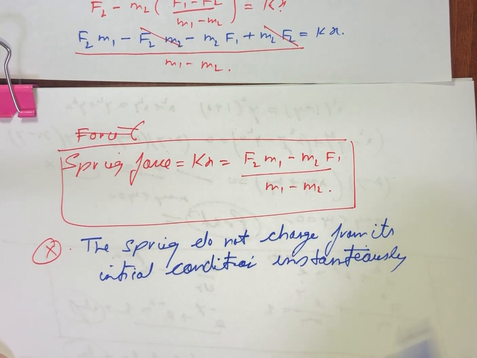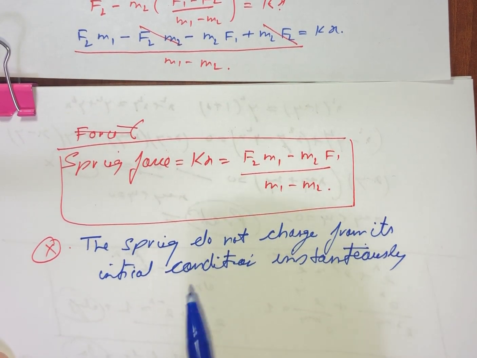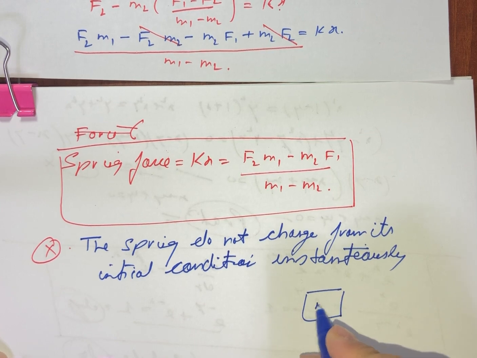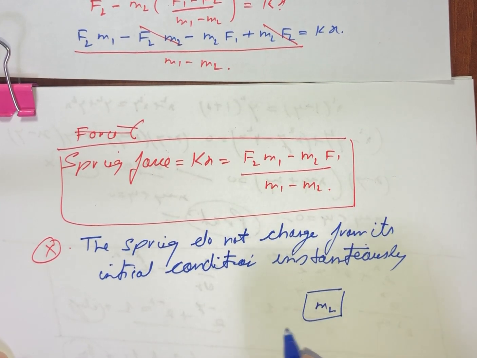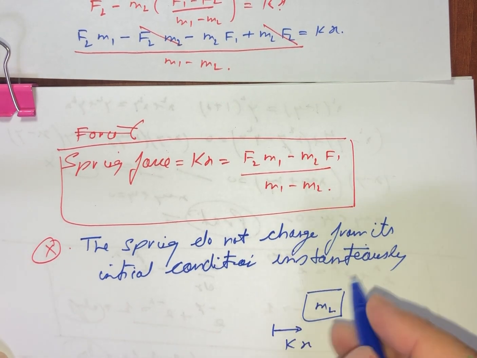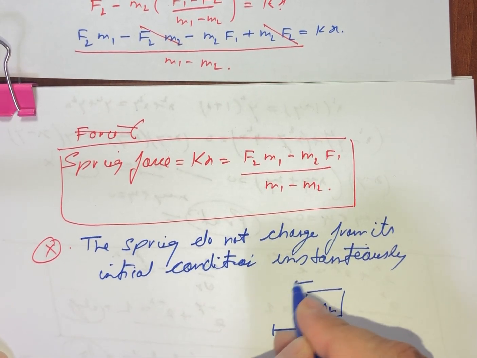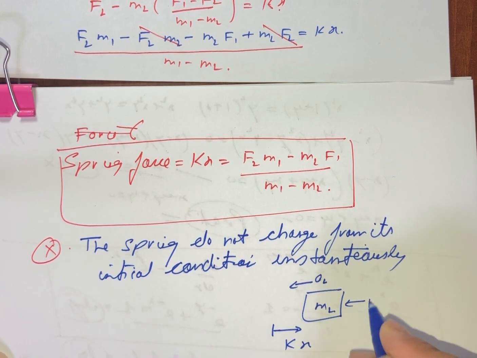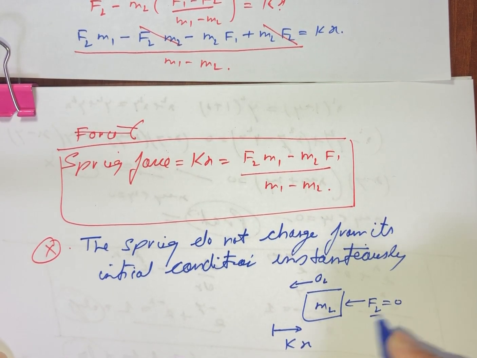Therefore, even when F2 is removed, the spring force is going to remain. So this is our m2, and we have a spring force acting in this direction, that is kx, and let us suppose the acceleration is a2, and here F2 was applied previously, now it is equal to 0.